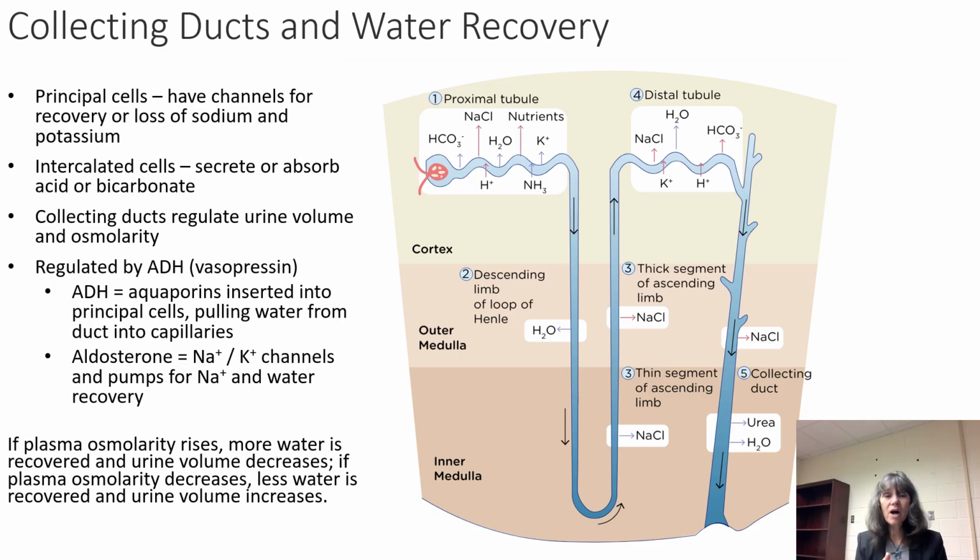And if plasma osmolarity rises, more water needs to be pulled from potential urine so it can go back into the bloodstream. If plasma osmolarity decreases, then less water is recovered and urine volume increases. So again, making sure that our plasma osmolarity is where it needs to be for water to move freely through blood vessels is really important.